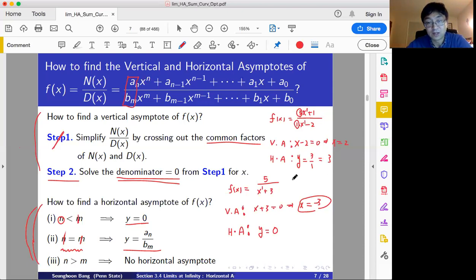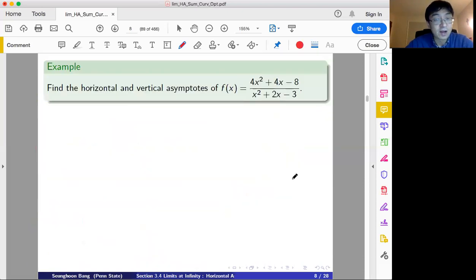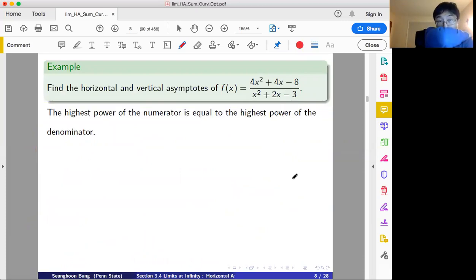This is the idea for finding the horizontal asymptote. Now I want to give more examples here. Find the horizontal and vertical asymptotes of f of x. Here, the highest power of the numerator is 2. The highest power of the denominator is 2. We have the same power. What is the horizontal asymptote?